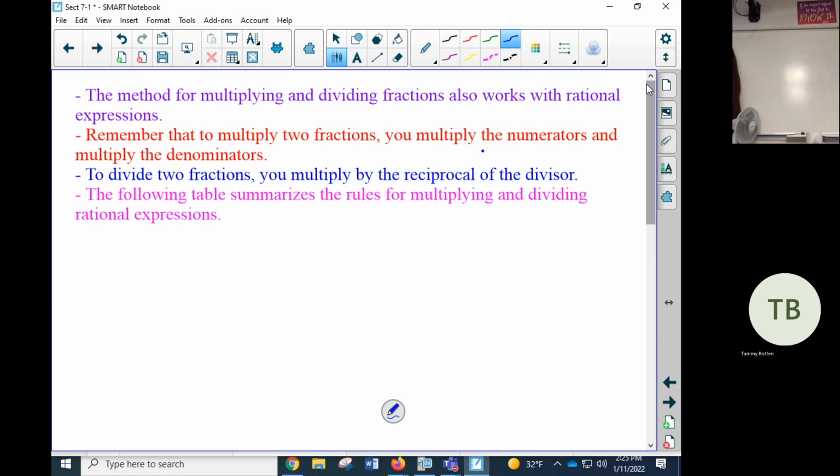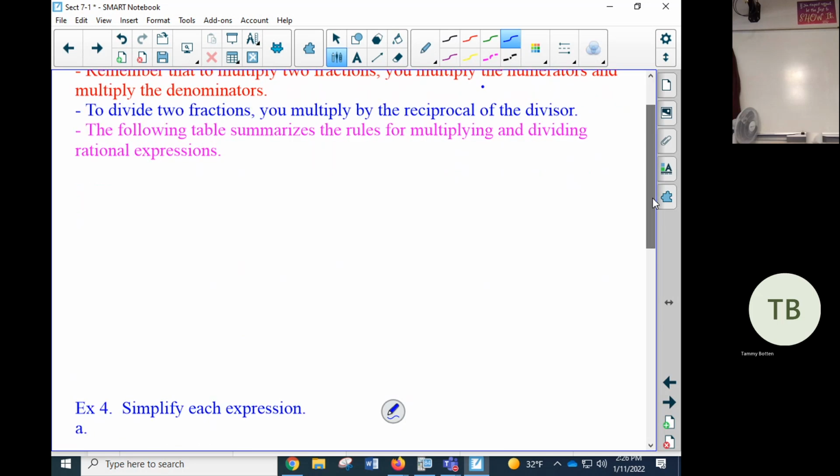So when you multiply and divide fractions, okay? What it basically is saying, like if you had 5x over 4 times 3 over 2x, okay?